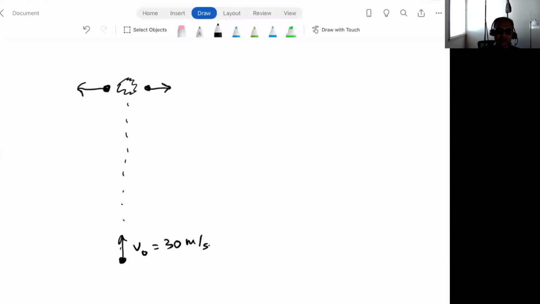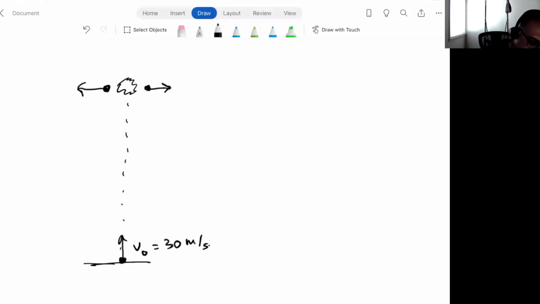So the first question is, at what height does that explosion occur? There's nothing new about that part. You know how to find out how high something is going to rise when you know what velocity it was launched with. And then you have to find out where the center of mass is going to be 1 second after the explosion. At first, you might think this would be a hard problem, because you need to know what velocities these two pieces have.